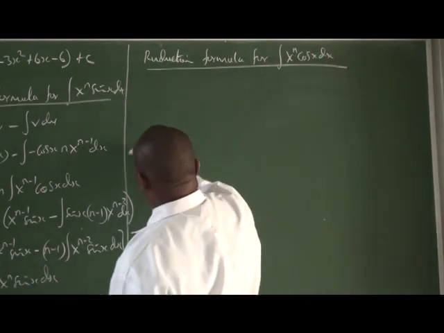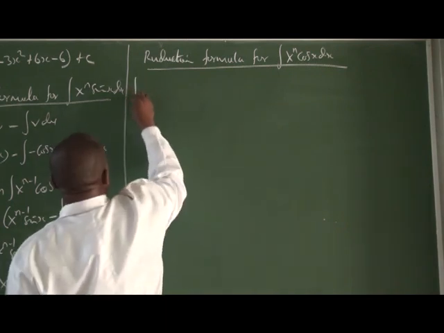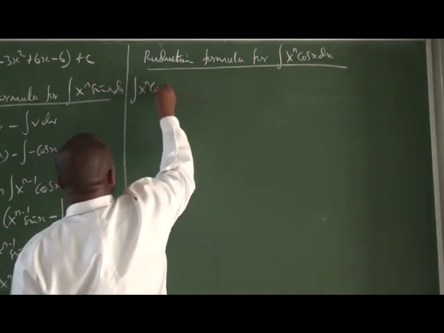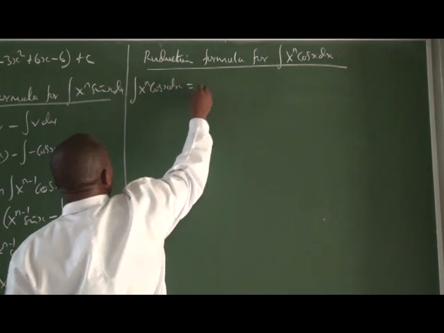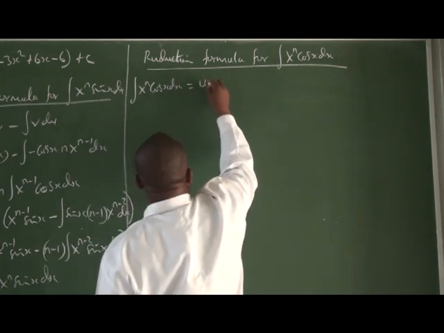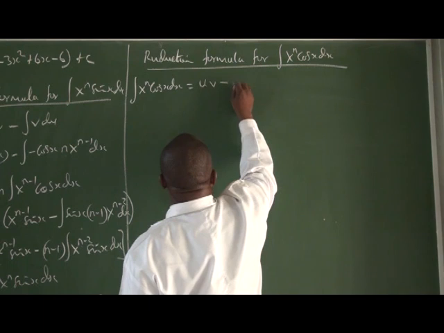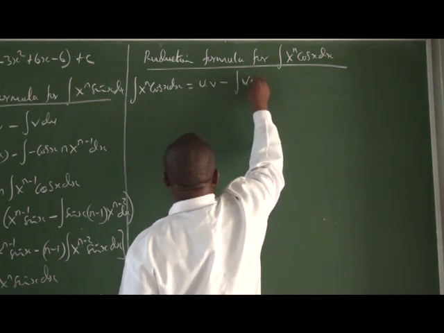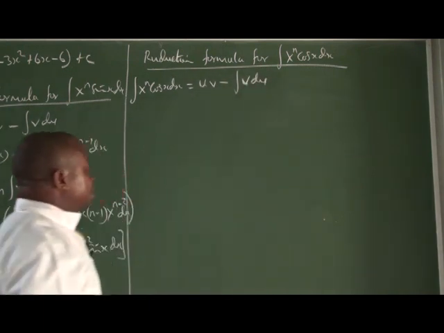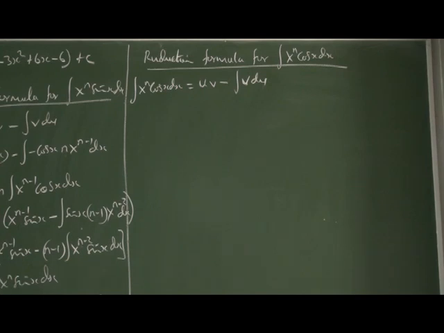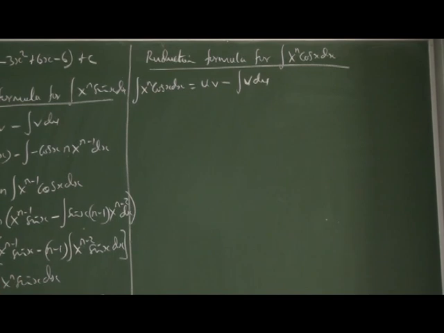From here, we know that the integral of x^n cos x dx, by integration by parts, you have uv minus integral v du. You can use integration by parts to bring out this thing. That is where we started.